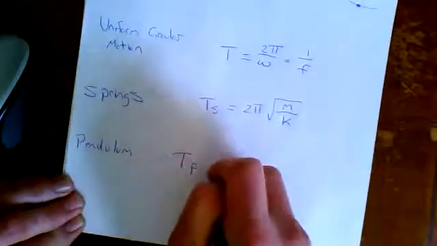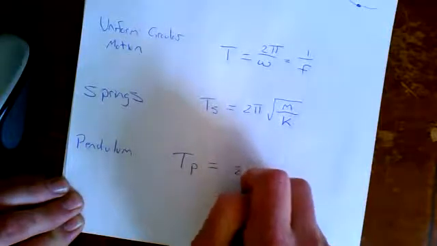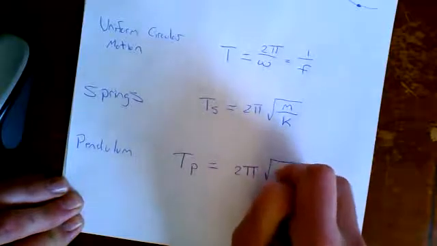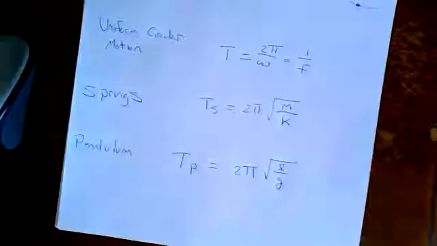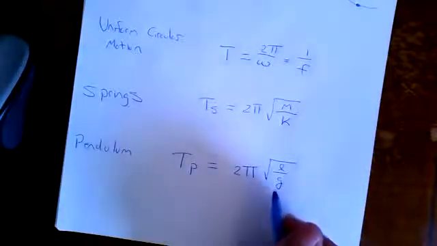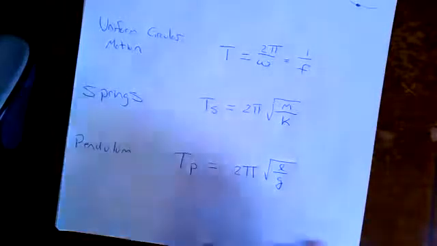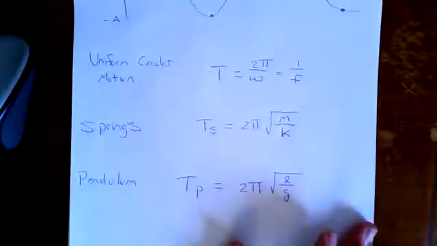And finally, the period of a pendulum equals 2 pi times the square root of the length of the pendulum divided by g, which is the acceleration due to gravity on whatever place you may be located in that particular problem. This, of course, is Earth. This would be 9.8 meters per second squared. So there are your period equations that you need to be aware of.